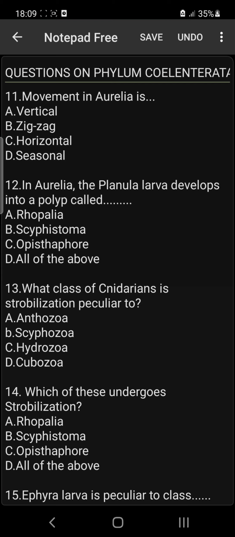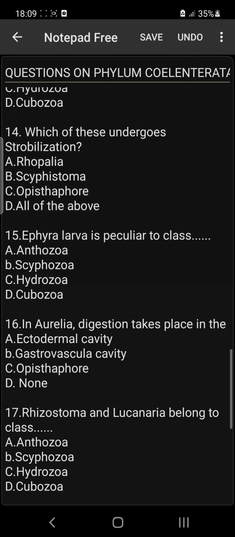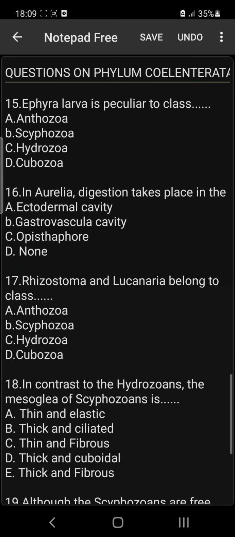The polyp that the planula larva develops into, called scyphistoma, undergoes strobilization. So the answer to question 14 is scyphistoma, which is B. Take note of that.